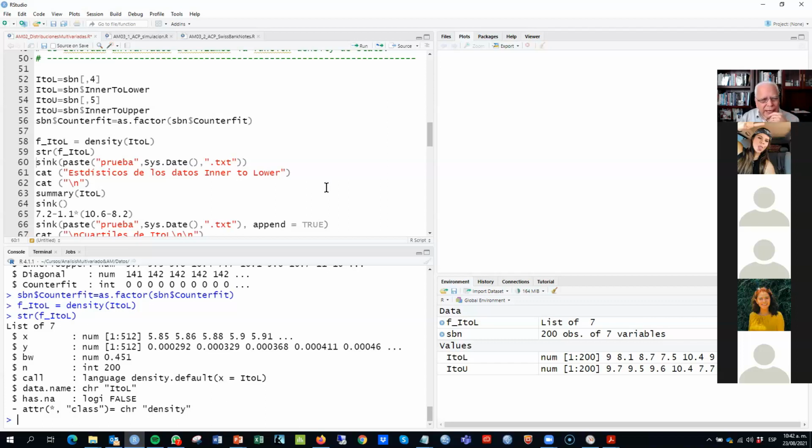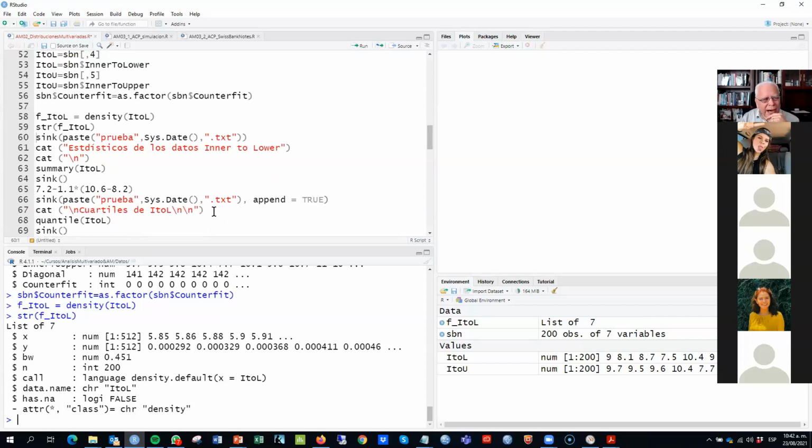Now, when you want to send output to a file, you can use the function sink. If I use sink, the output of the following instructions will be sent to a file.